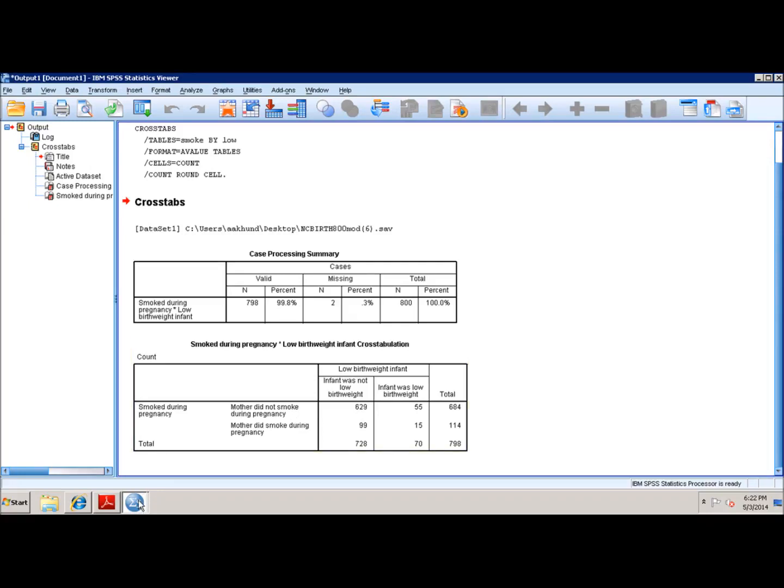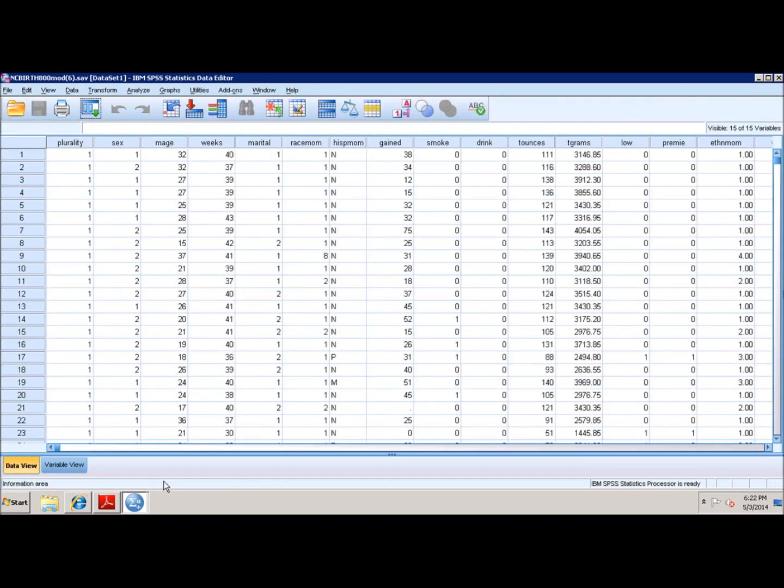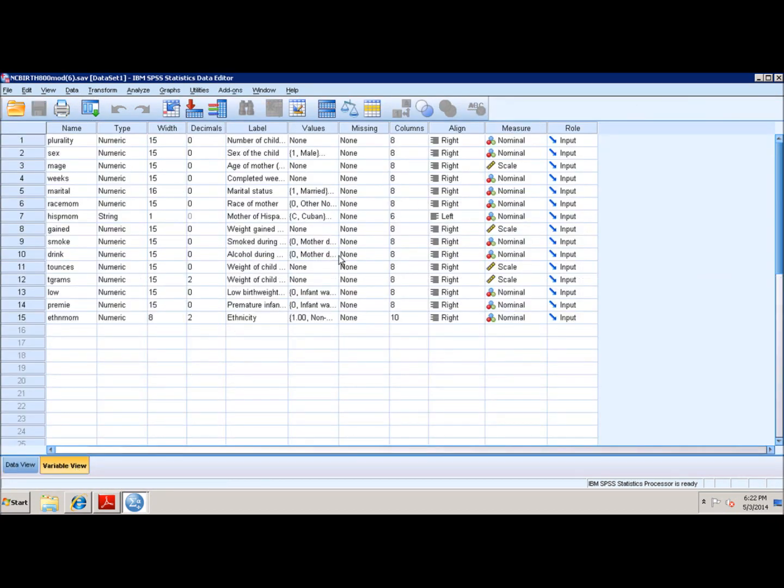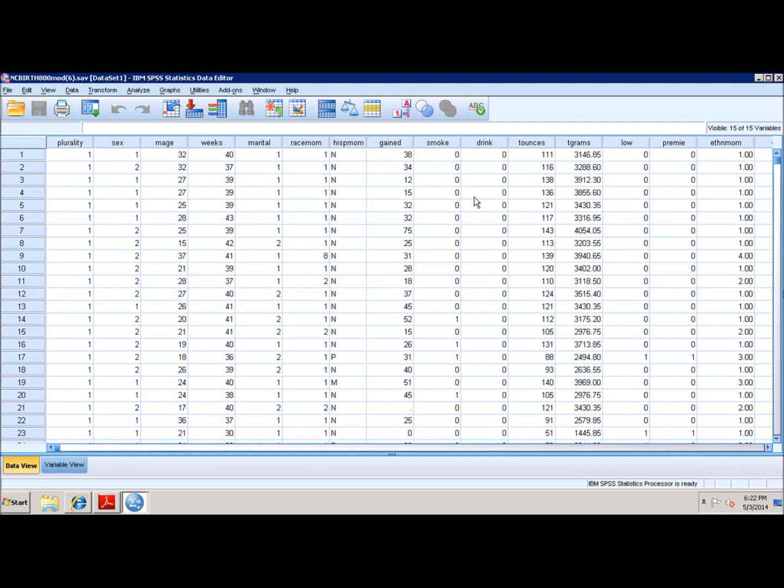If you remember, in the variable view, the values tell us what the data values represent. So for instance, smoke, you see we have 0 and 1s, and low birth weight we have 0 and 1s as well.